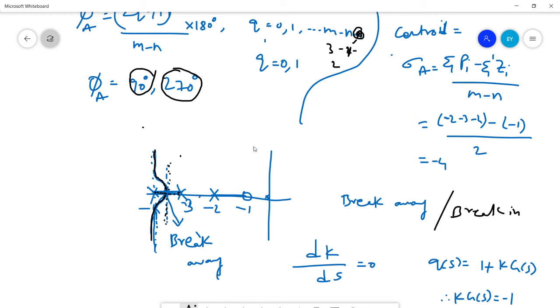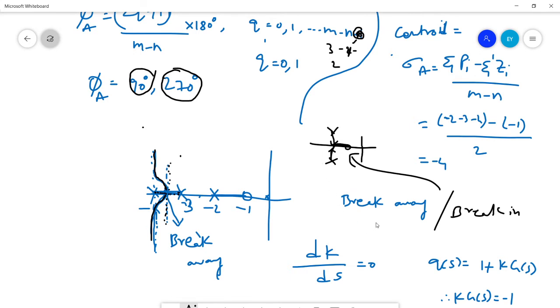That means the point at which the plot will come to the real axis and tend towards the 0, right? If you have two poles, the poles tend towards the 0. As we see here, a pole here, that means a 0 here, it will start and tend towards 0, and the point where it meets the real axis is the break-in point.